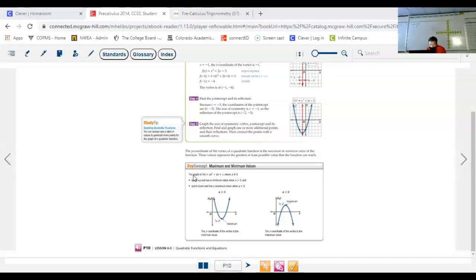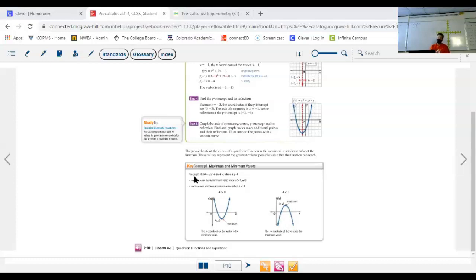So in other words, how does our graph begin? It's always going to begin with the value of A. It's just a matter of, is this negative, or is this positive? If the value of A is positive, you have a minimum value which limits your range. Nothing will go beneath the y value of the vertex.